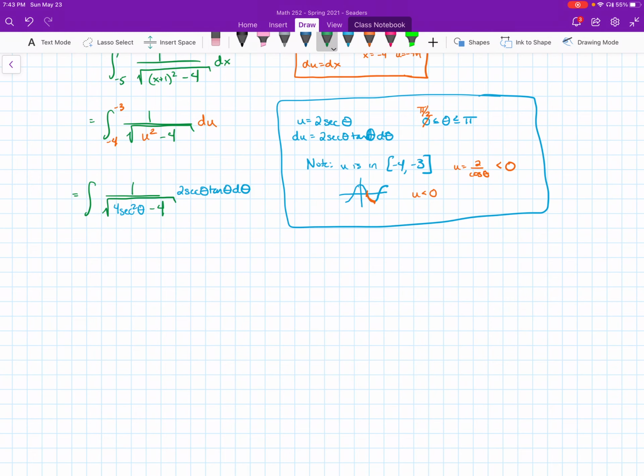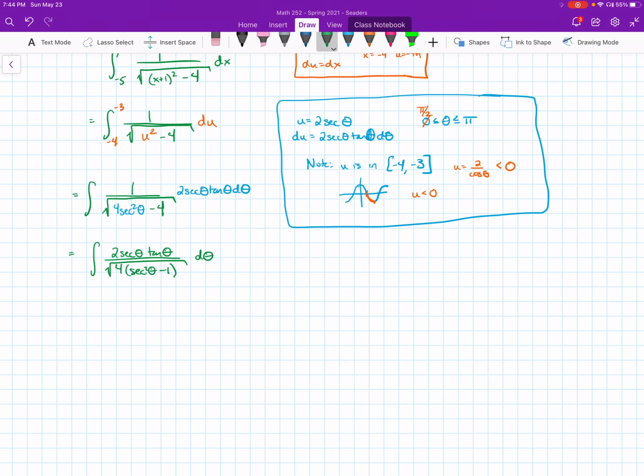Let's simplify this a little bit. I'll put that 2 secant theta tangent theta on top. I'll factor out a 4, so 4 times secant squared theta minus 1.